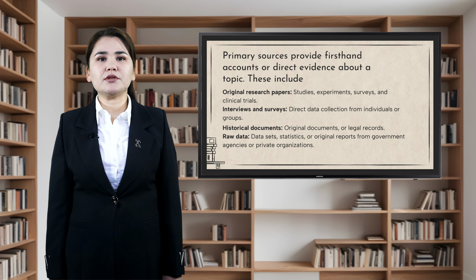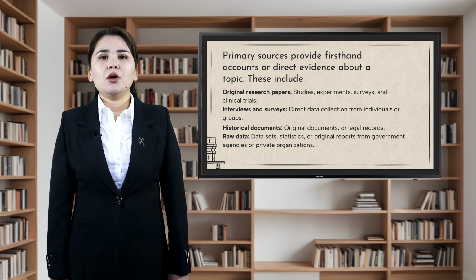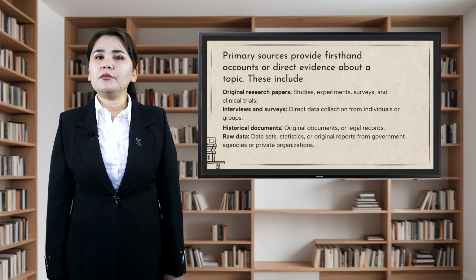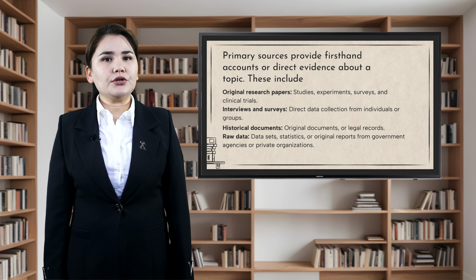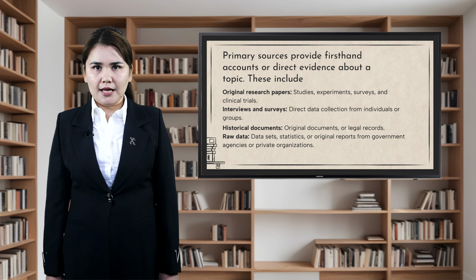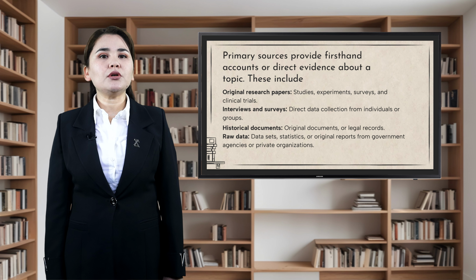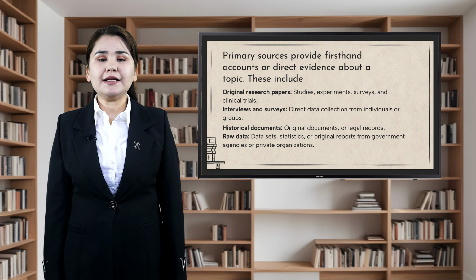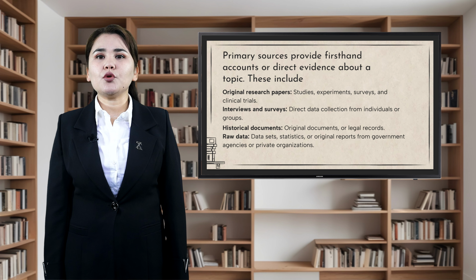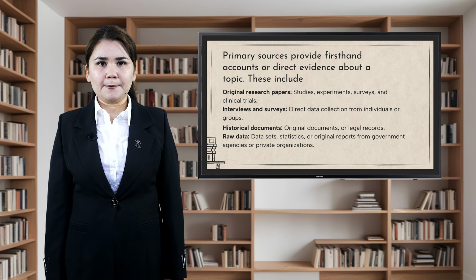When the speech is about the primary sources, you can have some observations like primary sources provide first-hand accounts or direct evidence about a topic. These include original research papers like studies, experiments, surveys, and clinical trials.